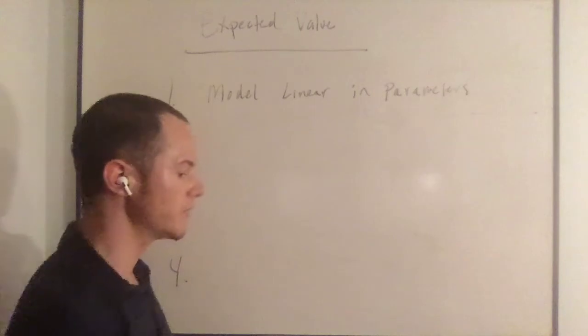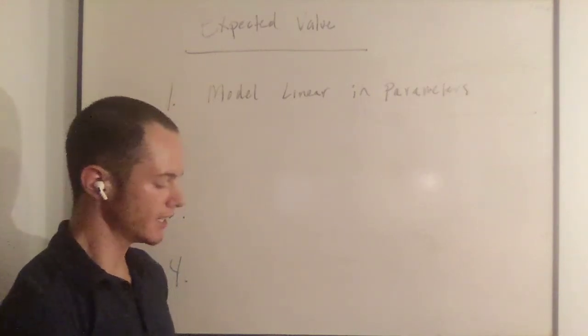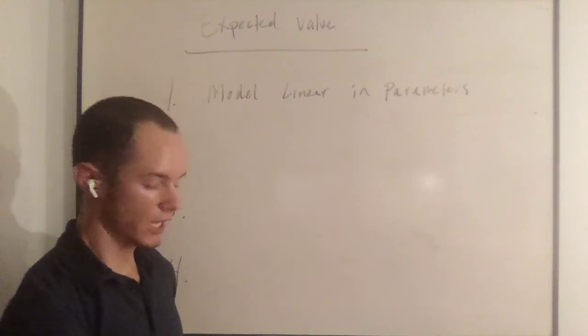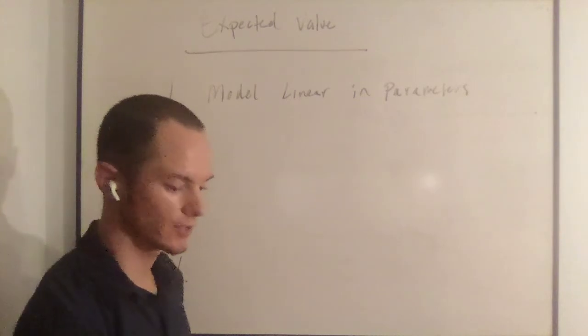Recall that we can have nonlinear functions of the data where we have log transformed data, we can have interactions, we can have polynomials in the data, but we must have a model that's linear in the parameters.